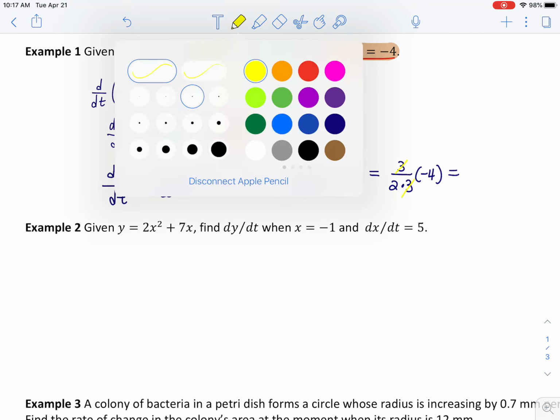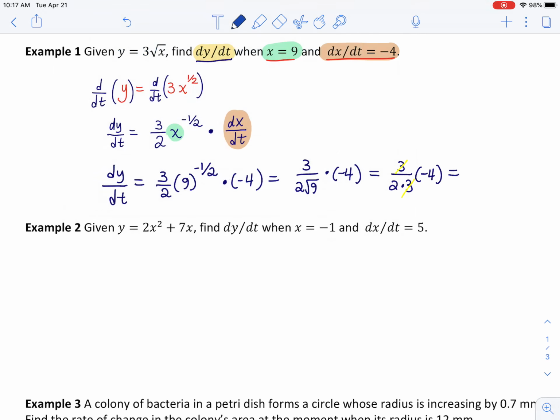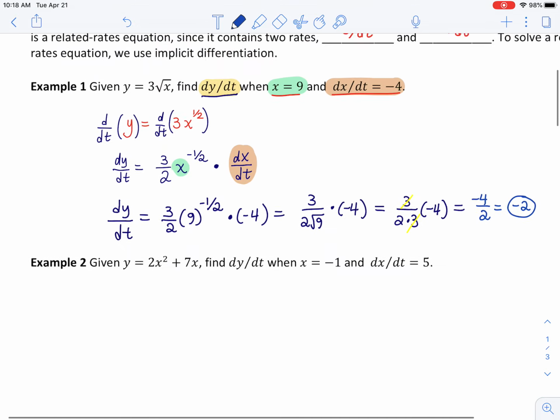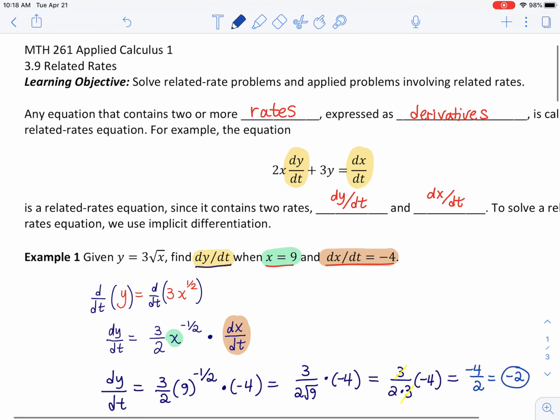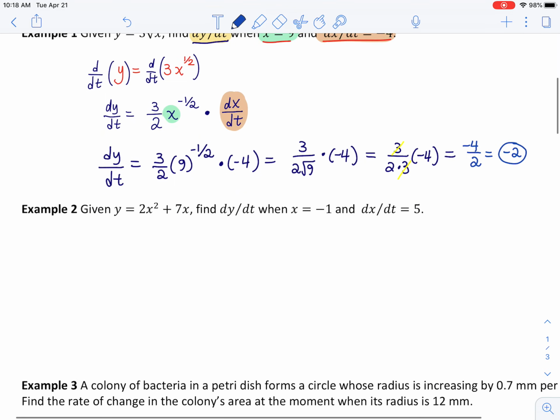I know you're okay there. 3 over 2 times 3, times -4. I can see that the 3's will cancel out right there. And I'll have -4 over 2. Therefore, my final answer is -2. So that is dy/dt when x is 9 and when dx/dt, the change in x in terms of t, is -4.